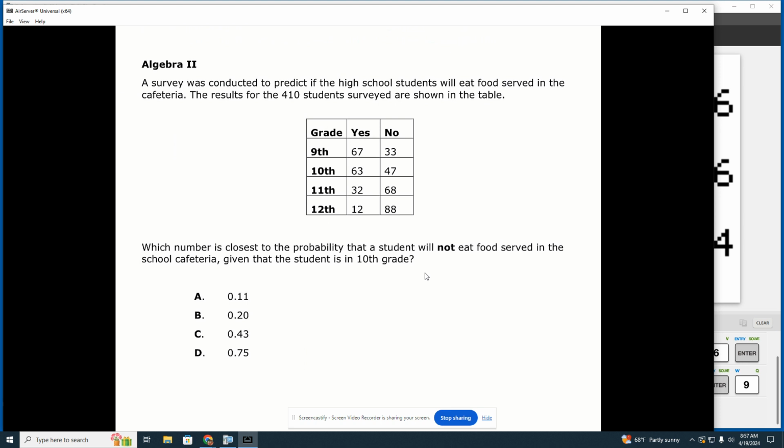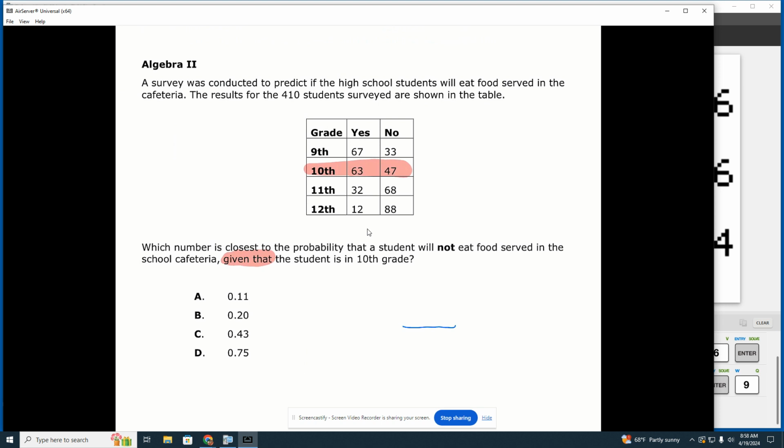See, given that is a conditional probability. That means we're narrowing the bottom of our probability. We're narrowing our total possible values in the bottom to those who are only in 10th grade. So I am only looking, I'm zeroing in on these values right here. So how many of those values are there?